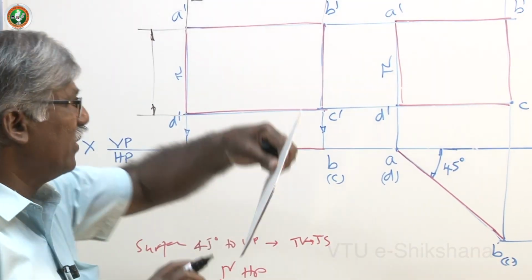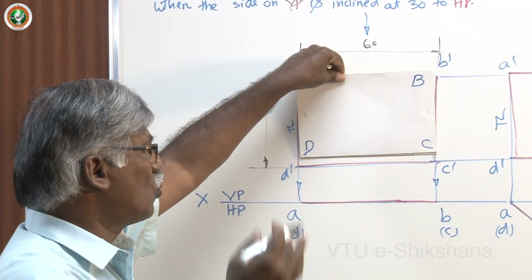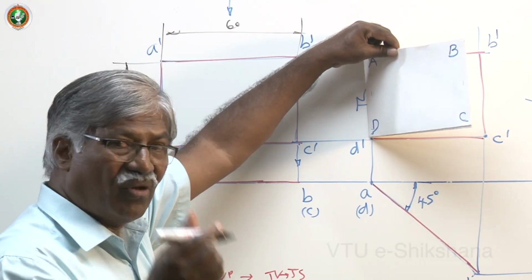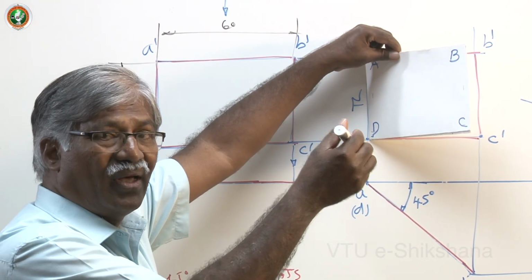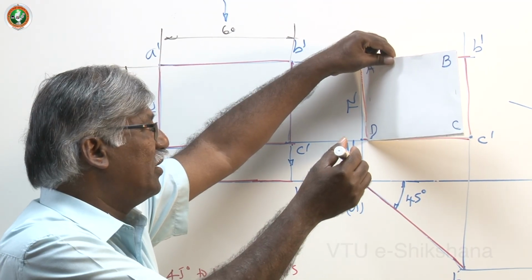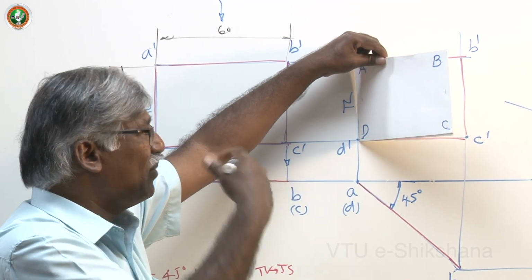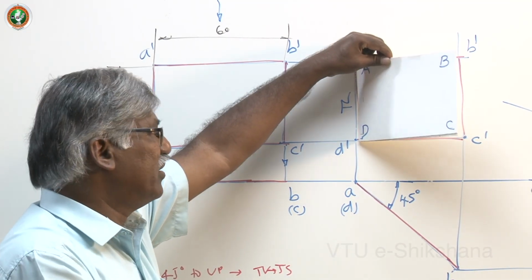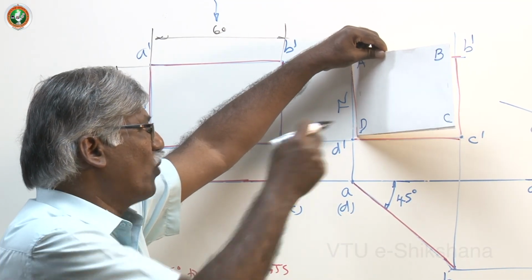It is on VP, say. It is true shape. Now, you give inclination to the VP, then only you get apparent shape in front view. Let us not worry about the inclination to the side, etc. In second position, you get square.